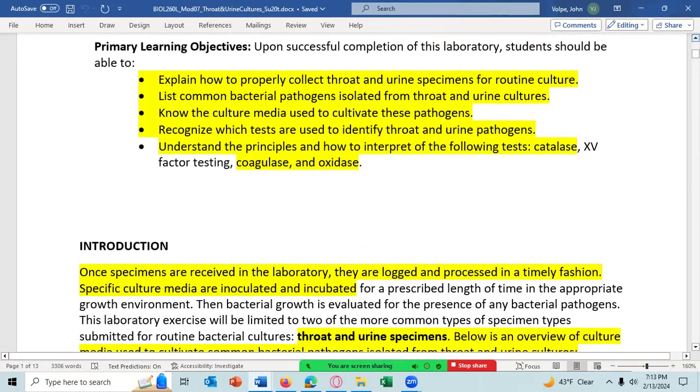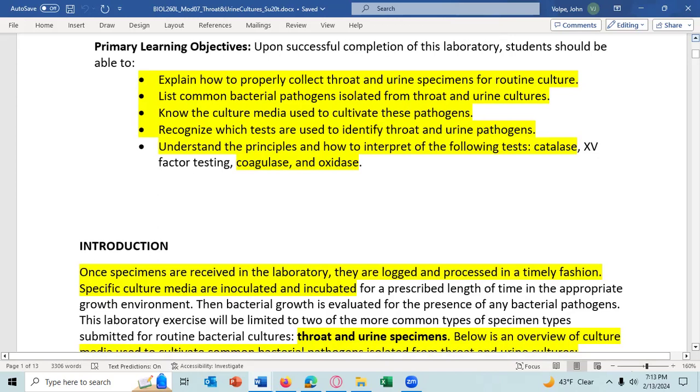For this lab, the learning objectives: 1, be able to explain how to properly collect throat and urine specimens for routine culture in the lab. 2, list common bacterial pathogens isolated from the throat and urine cultures. 3, know the culture media used to cultivate these pathogens. 4, recognize which tests are used to identify throat and urine pathogens.